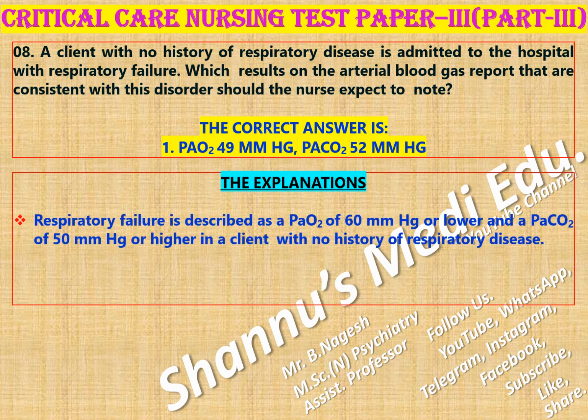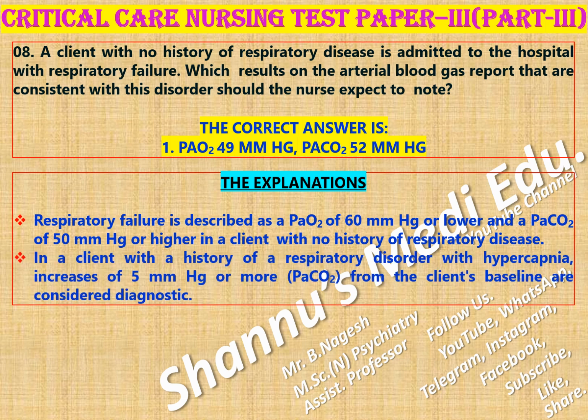The explanation of the question: respiratory failure is described as a PaO2 of 60 mmHg or lower and PaCO2 of 50 mmHg or higher in a client with no history of respiratory disease. In a client with a history of respiratory disorder with hypercapnia, increases of 5 mmHg or more in PaCO2 from the client's baseline are considered diagnostic.